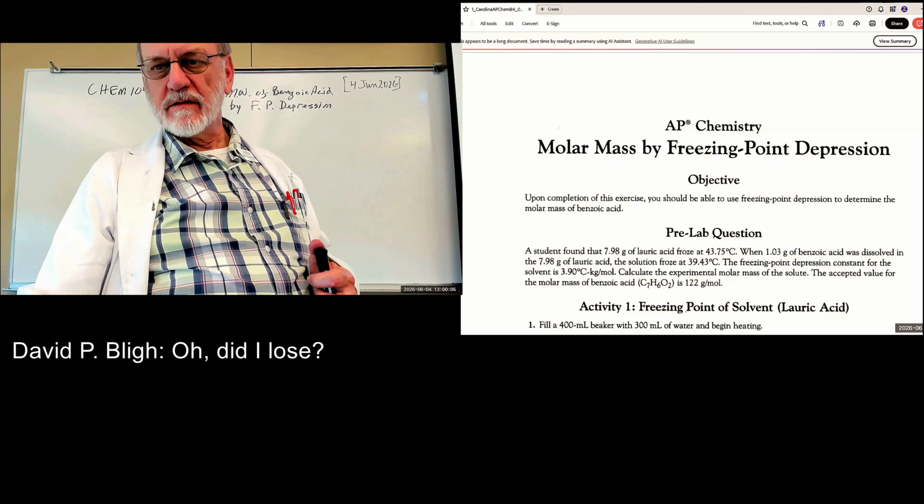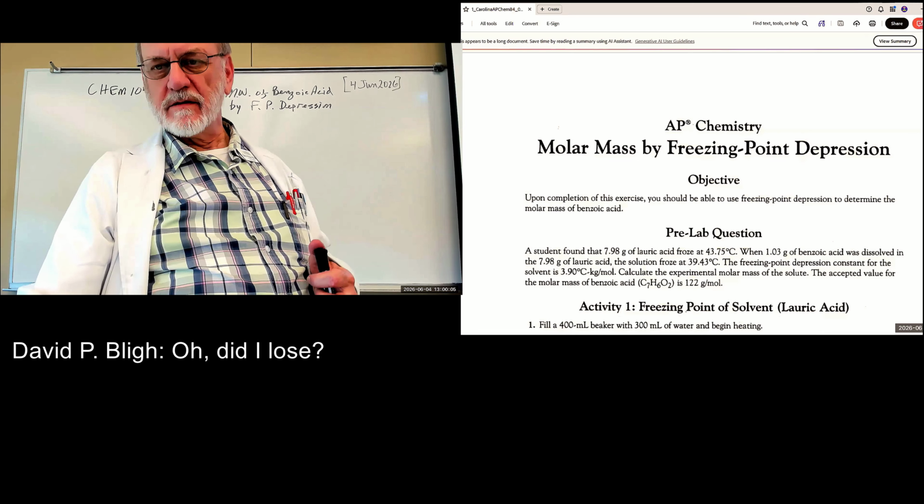Change in temperature for the freezing points is equal to the van 't Hoff correction factor times the freezing point depression constant for the solvent, and then the molality of the solute in the solvent. So this is where the moles is hiding in that term.